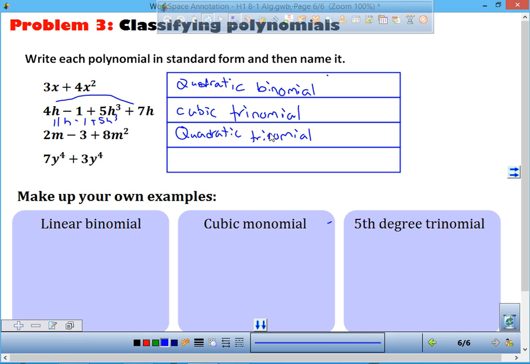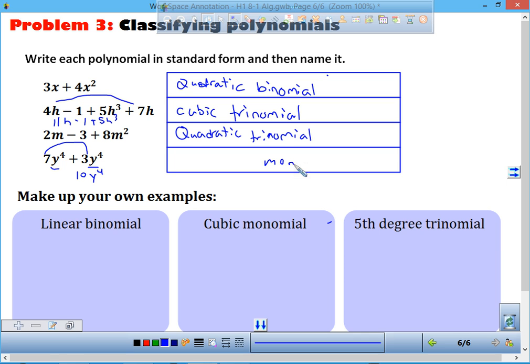And then the last one, you can add those together because they both have like terms, y to the 4th and y to the 4th. So I add 7 and 3 together to get 10y to the 4th. Okay, so now the degree of a monomial, because I know it's a monomial because there's only one term, so we could put that down.